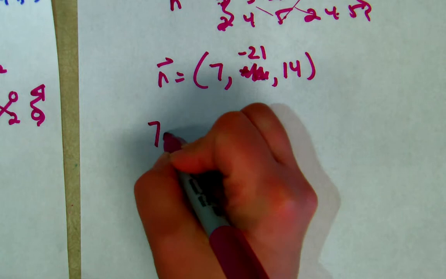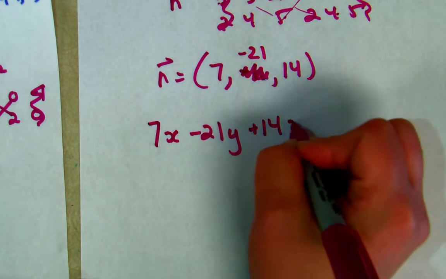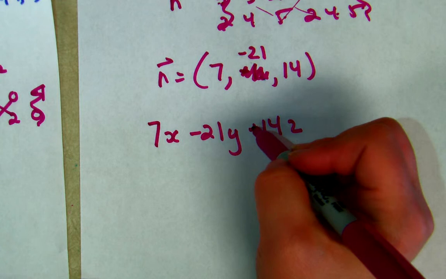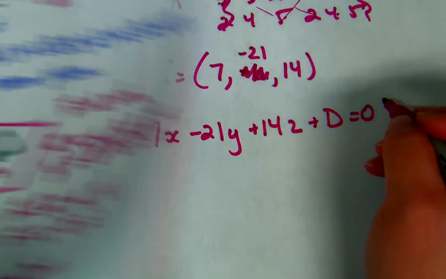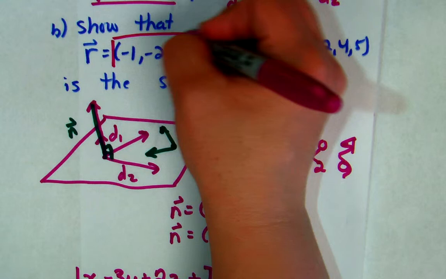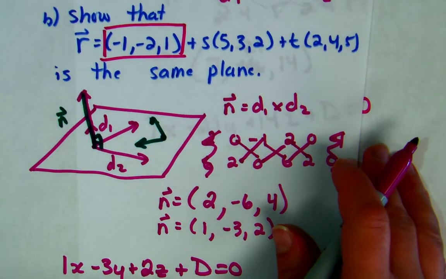So now the equation of our plane starts out as 7x minus 21y plus 14z, then we have plus d equals 0. I'm going to go back and grab that point and use that as my x, y, and z to solve for d.